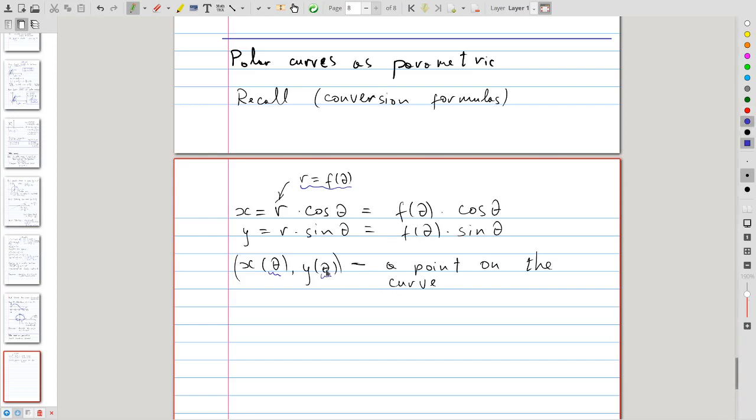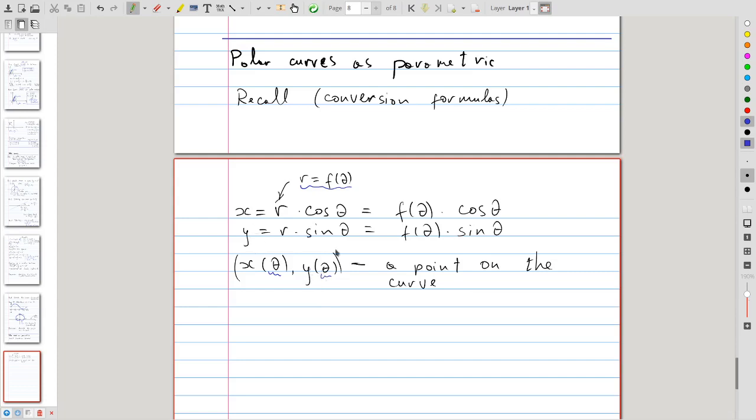So previously we would think of parameter as the time, and it would indicate the position of a certain moving particle. Now here, parameter is just the angle that a ray that points towards the particle forms with the polar axis.